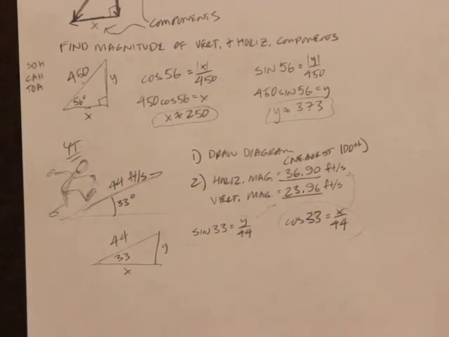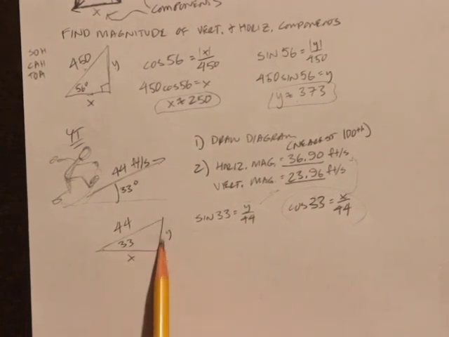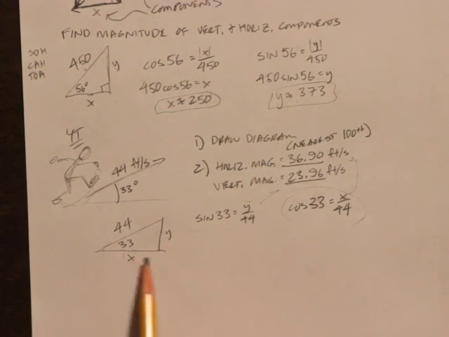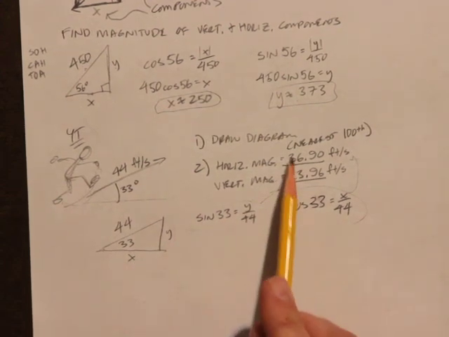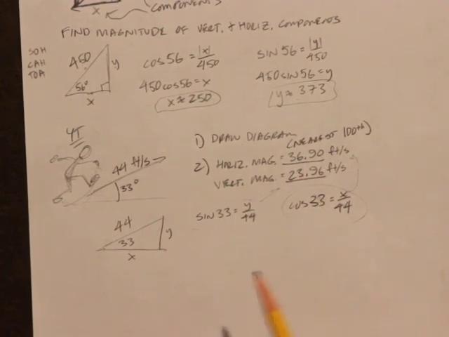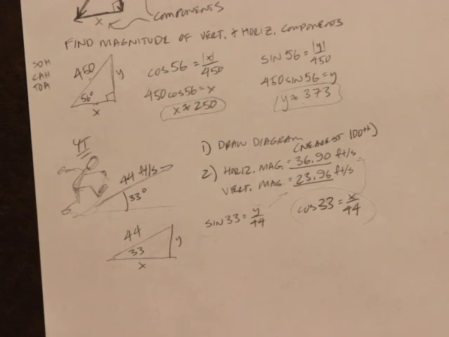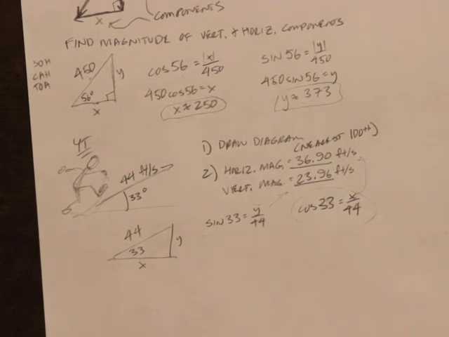You can look at that to see if it makes sense. Notice this is 33 degrees, so you know the y is going to be smaller than the x value. And look here, the y is smaller than the x value, so at least that's one way to check to make sure you've done this right. All right, and that is the end of 8-1.